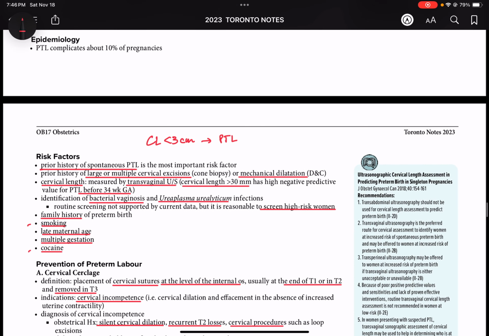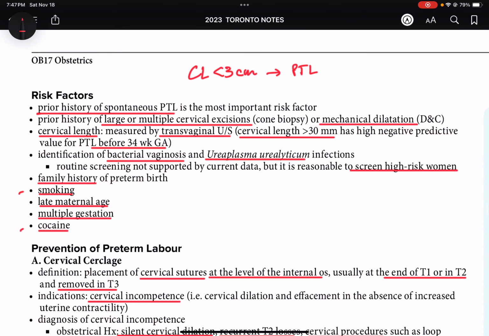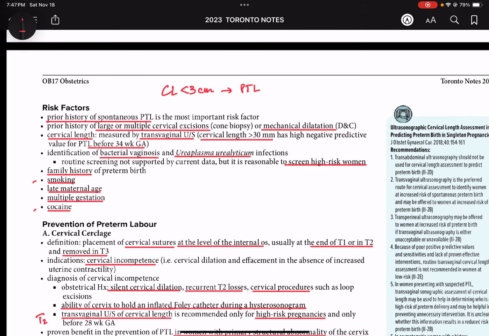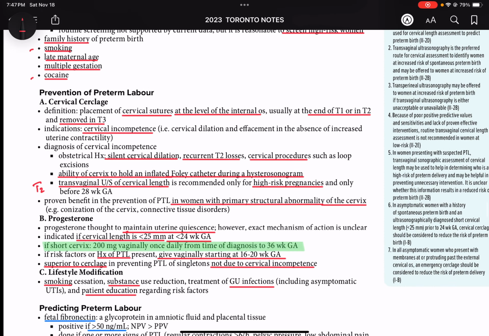Moving forward, risk factors. What might be the risk factors? Prior history of spontaneous preterm labor is the most important risk factor. So we have to keep this in our consideration, that if there is any prior history of spontaneous preterm labor, we have to try to prevent preterm labor in the current pregnancy, and we'll read how we can prevent it.